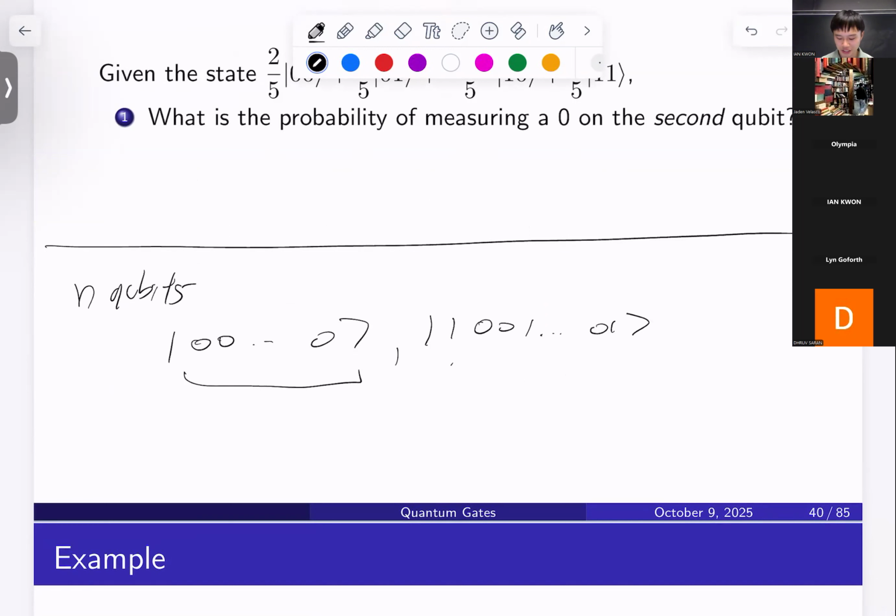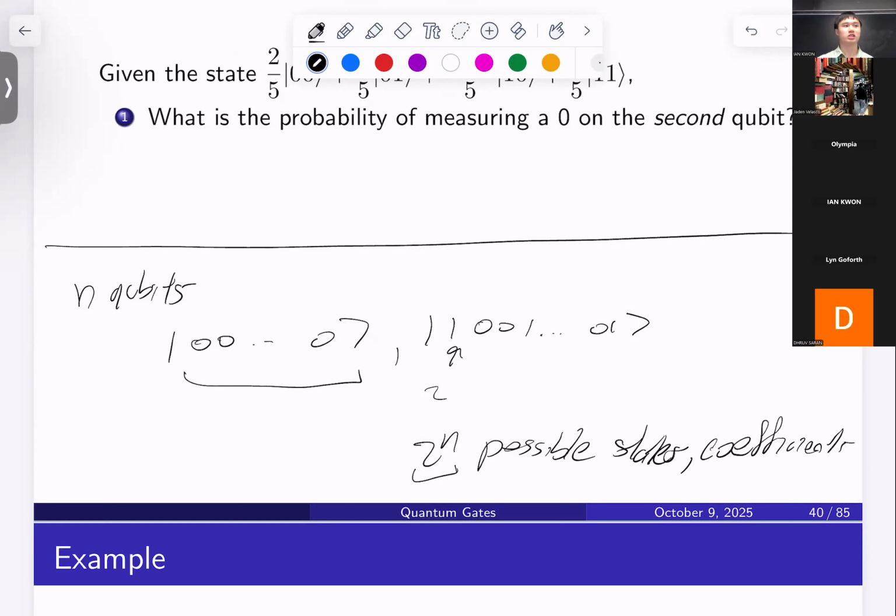Since in each slot we have two choices, 0 or 1, there are 2 to the n possible states. Does this make sense, everyone? That means to describe it, you need this many states and coefficients, so describing a general quantum state grows exponentially in how many numbers you need. In the middle of a computation, your state might be this massive thing, and as you measure it, it starts to collapse down and down. This is a mental picture you can start to build of what quantum computation looks like.